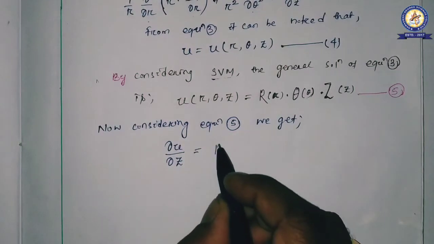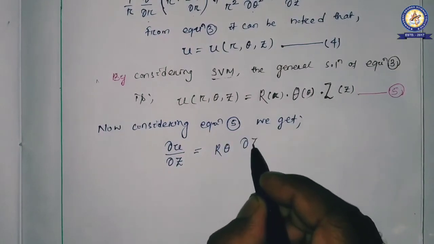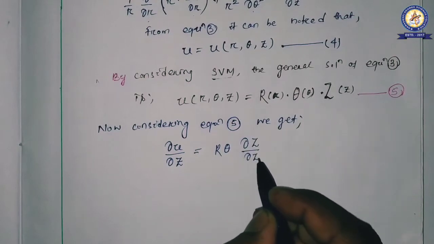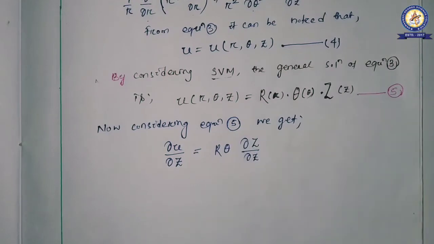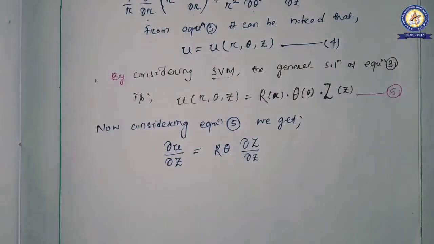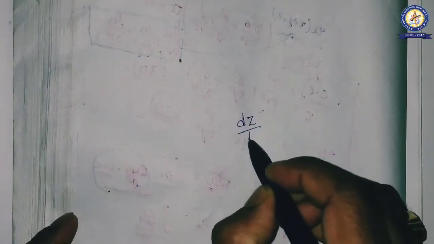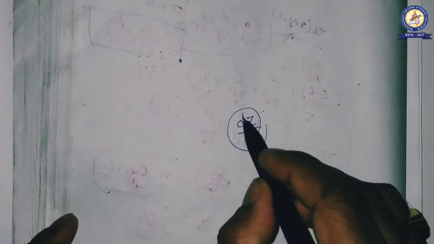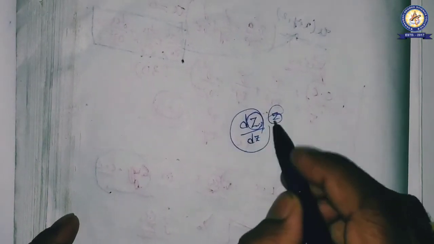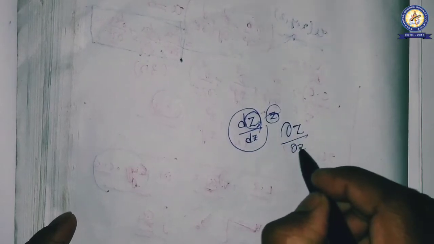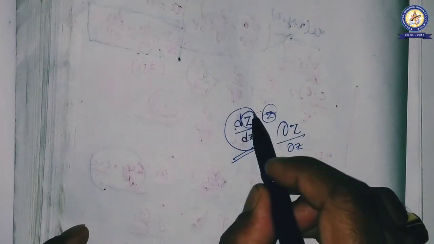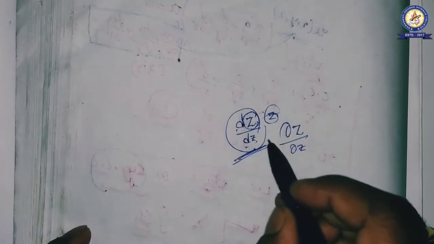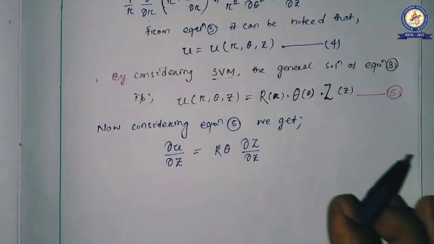So R into Theta into del capital Z by del small z. This can be written as d capital Z by dz, because here Z is only a function of z. So instead of writing del Z by del z, it can be written as d capital Z by d small z. Many books have written in this format, but we have written in this way. There is no problem.